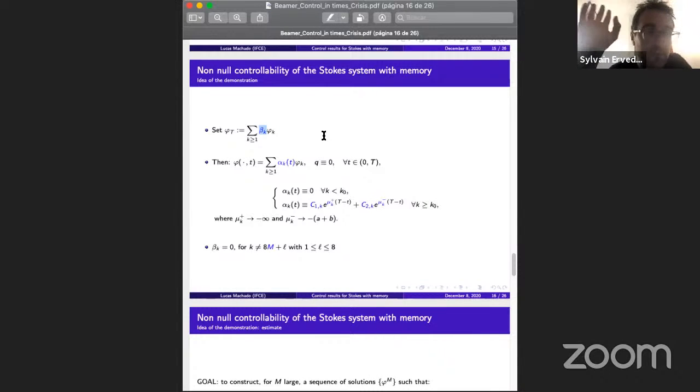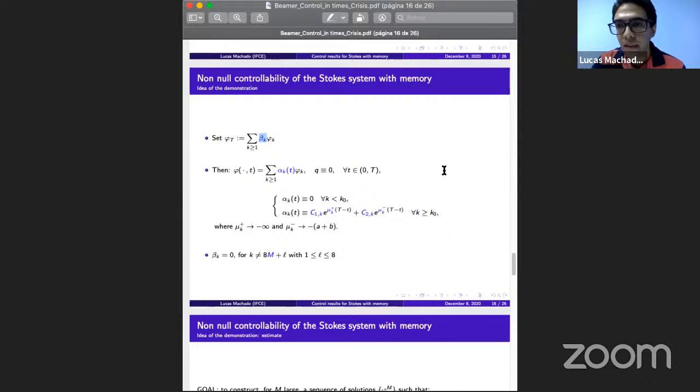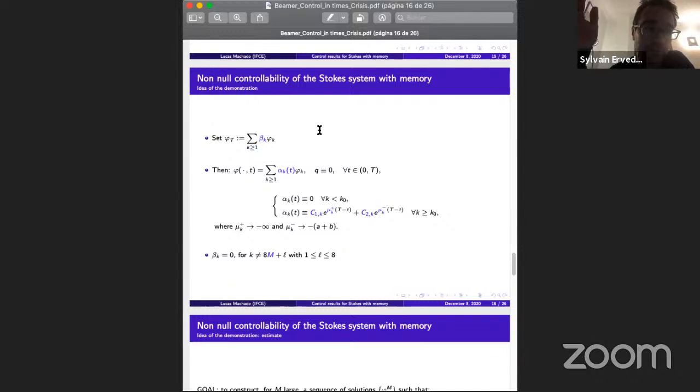Maybe it's simply a comment, but I remember that there is a work by Debayan Maiti on the controllability of the compressible Navier-Stokes equation, where he was able to construct counterexamples explicitly by looking at the symbols of the system of PDEs. It is a very explicit construction. So I was wondering if it is something that could be done in your case.